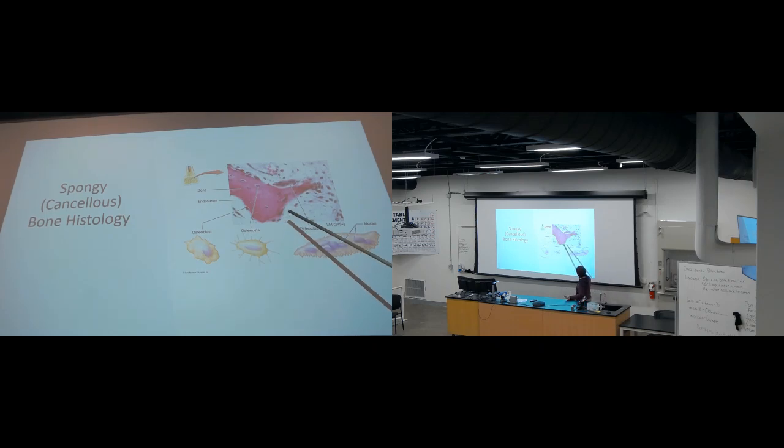This is a light microscopy view of this cancellous bone. Here is the bone itself. This is the endosteum. This is an osteoblast. Inside the bone, you have the mature cells, which are the osteocytes. The osteocytes have this star shape with these cytoplasmic extensions. And the osteoclasts are gigantic cells with multiple nuclei.